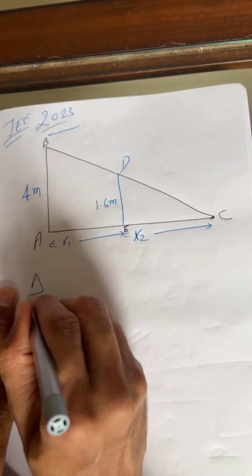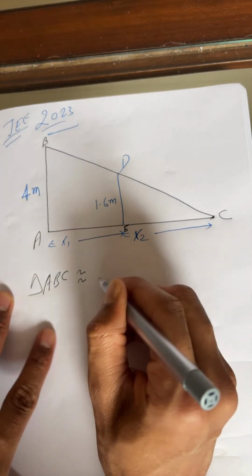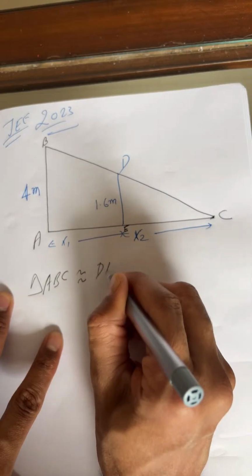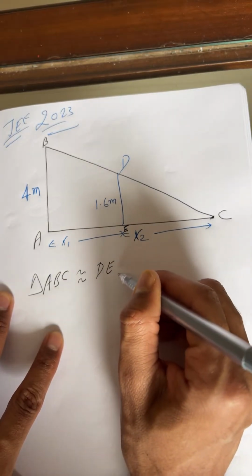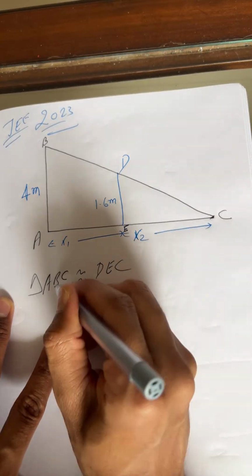I can write triangle ABC is similar to triangle DEC.